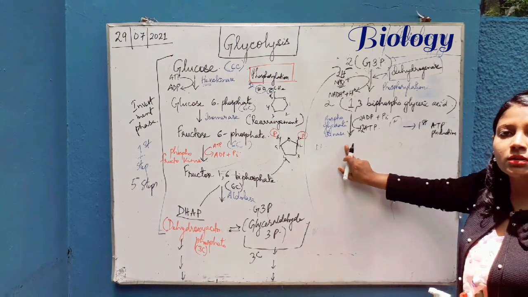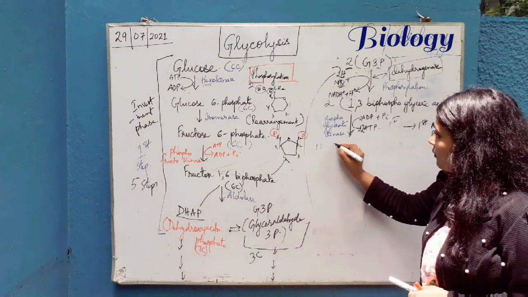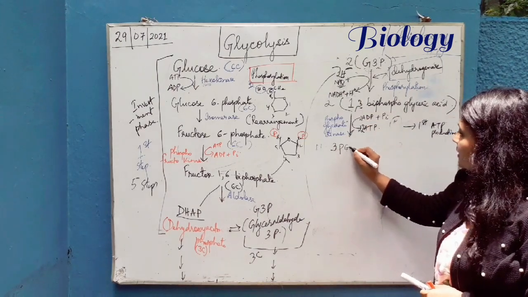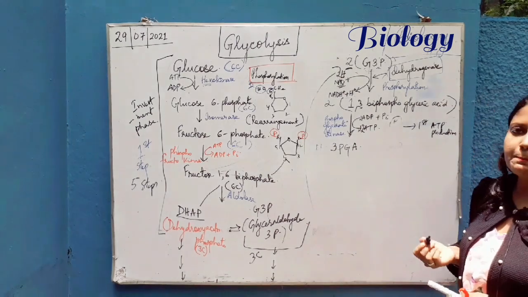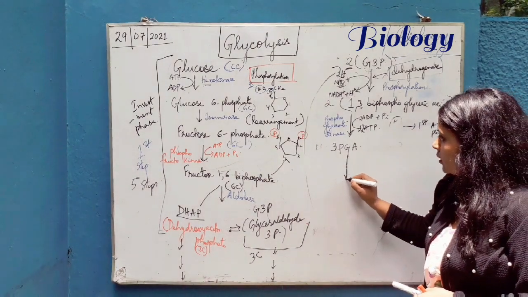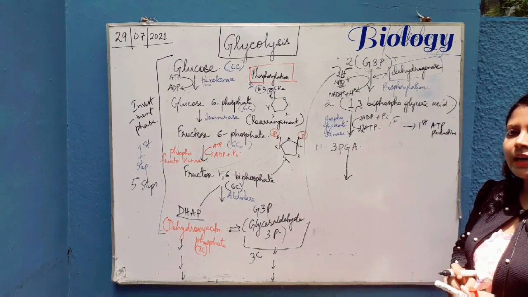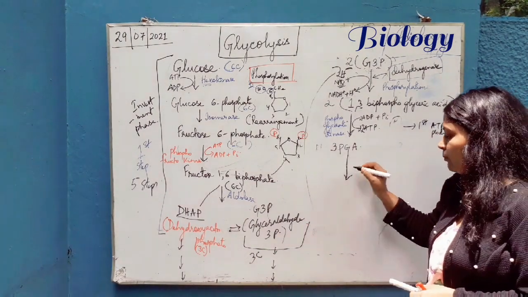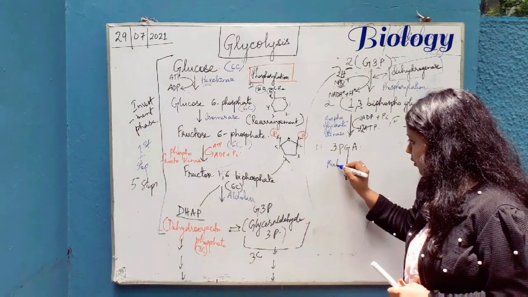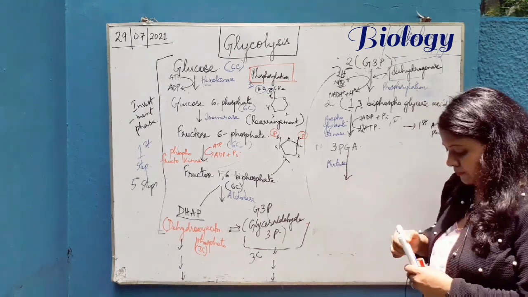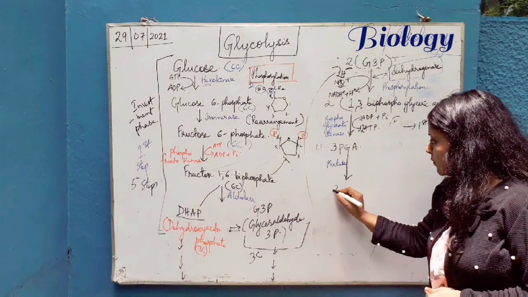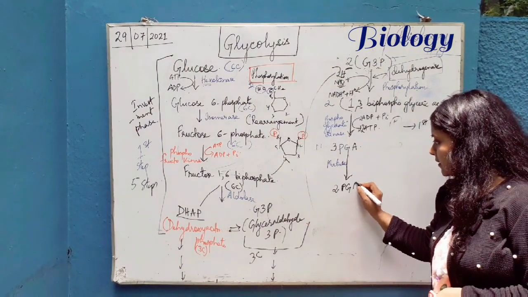Now which compound will form? I have removed the phosphate, so now it will form only 3-phosphoglyceric acid. Simple. So 3-PGA. Now this 3-PGA, with the help of the mutase enzyme, that is phosphoglycerate mutase, will be converted into 2-phosphoglyceric acid.